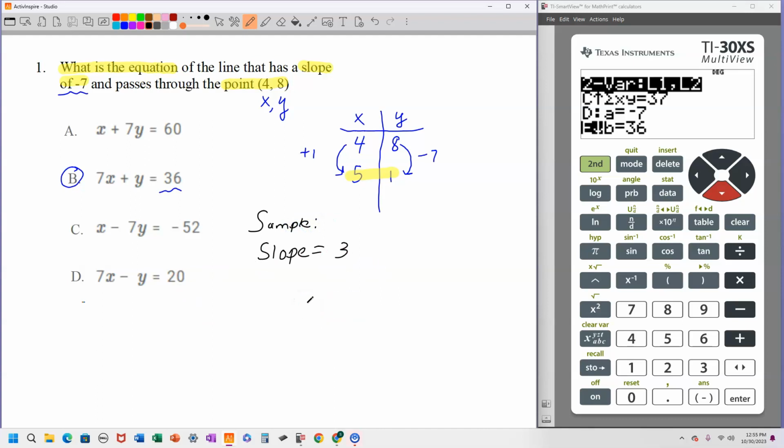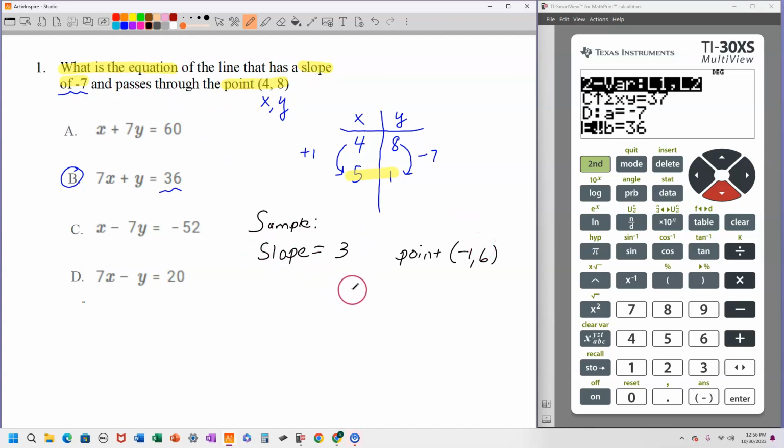So slope is 3, and let's say the point was, I don't know, how about -1, 6? And it said, so let's say the problem were to say on the GED math test, what is the equation of the line that has a slope of 3 and goes through the point -1, 6?